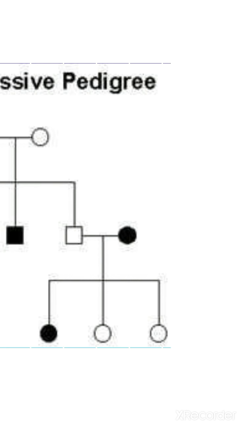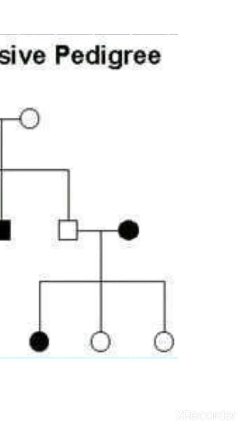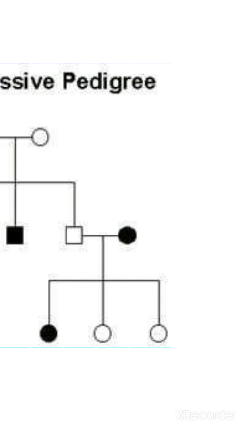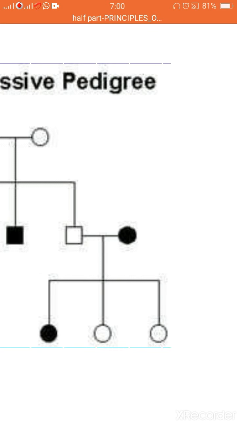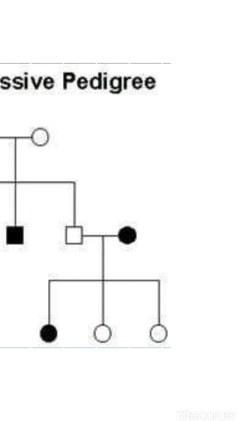So here once again, what can be the situation? As it is a recessive trait, she will be homozygous for the particular gene. She is a double recessive female, and the male can be homozygous or heterozygous when she marries. Then some of the children may be carrying the particular trait.